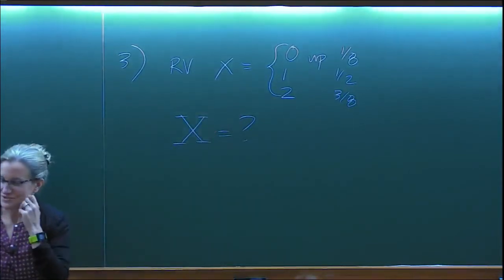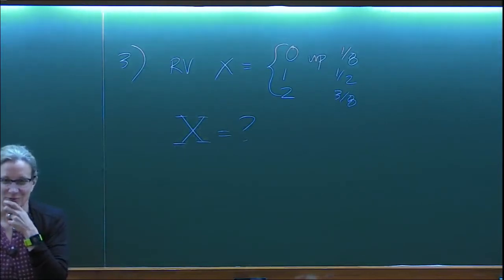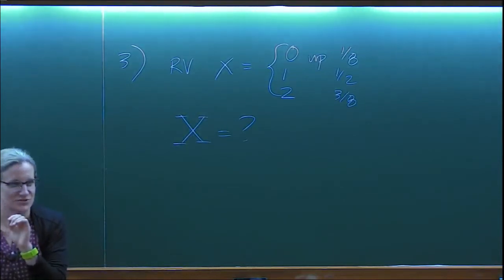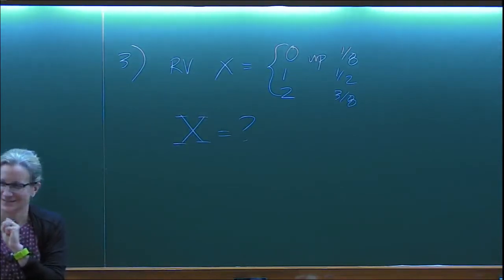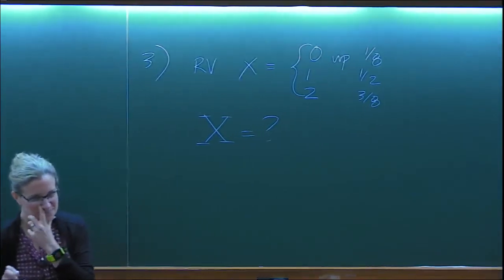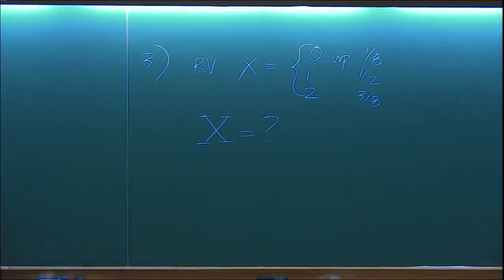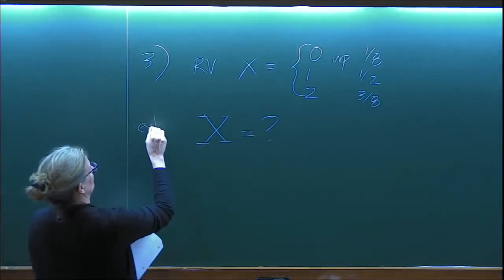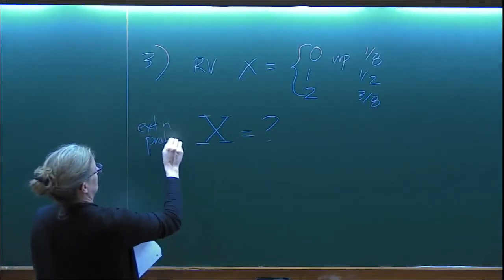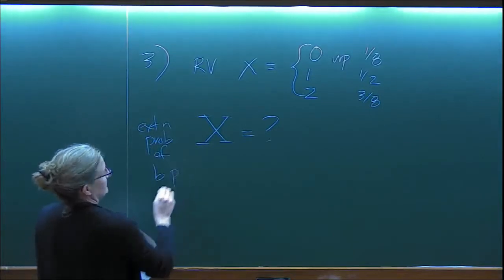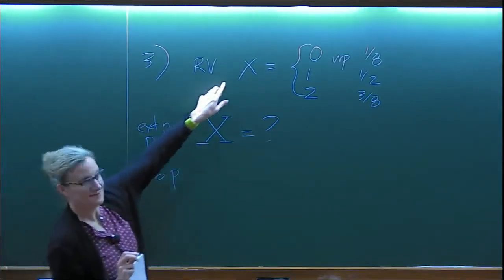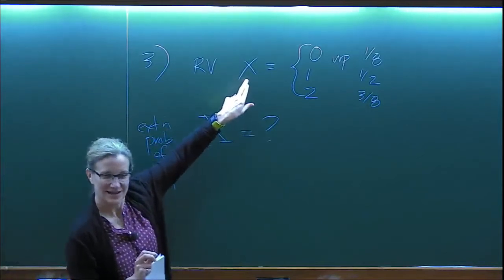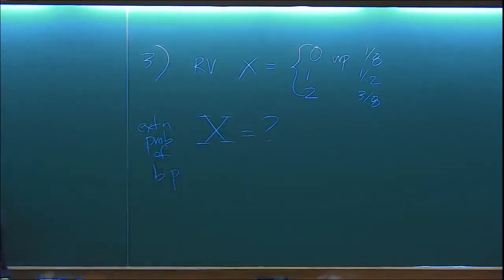This is when you're going to need to actually do a little pen and paper work. If you can factor, you can do this one. It's the extinction probability of a branching process starting with 1 individual where everyone has offspring according to this probability distribution.